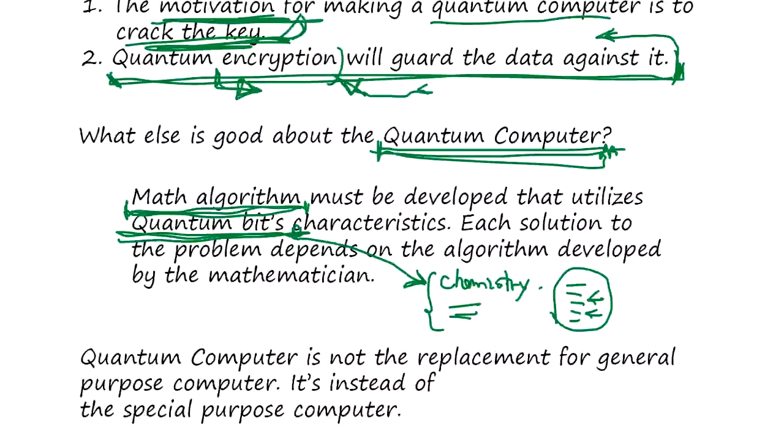So a quantum computer is not a replacement for the general purpose computer. It's a specialized computer, and what you can do with it, we haven't sufficiently explored yet. We have to wait until mathematicians come up with all the new fancy things we can do with it. But it started with hacking the encryption code for internet communication. That's what quantum computer is about.